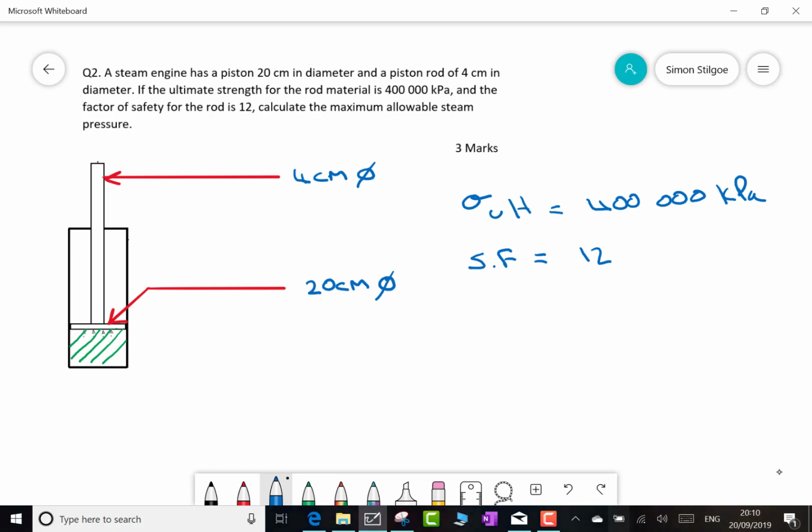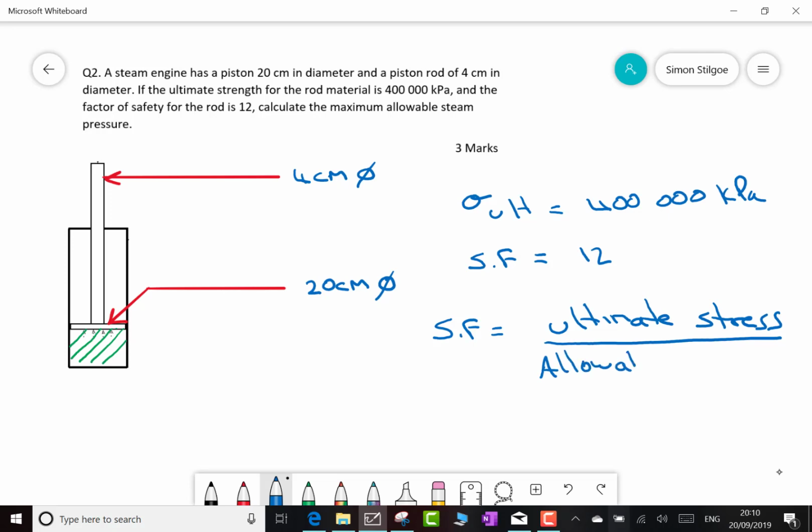Well, as soon as I see a safety factor in a question, I'm straight away thinking about the safety factor formula. And the safety factor formula is equal to our ultimate stress divided by our allowable stress. Now again, if you prefer to use the words ultimate strength divided by allowable strength, then that's fine.